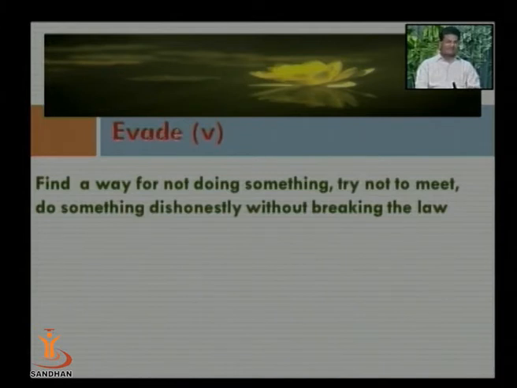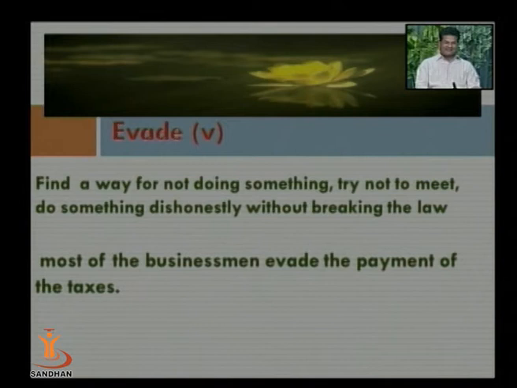The action has been done dishonestly, but law has not been broken. Example, most of the businessmen evade the payment of the taxes. This is very funny thing. Most of the businessmen don't pay the full tax, they evade.